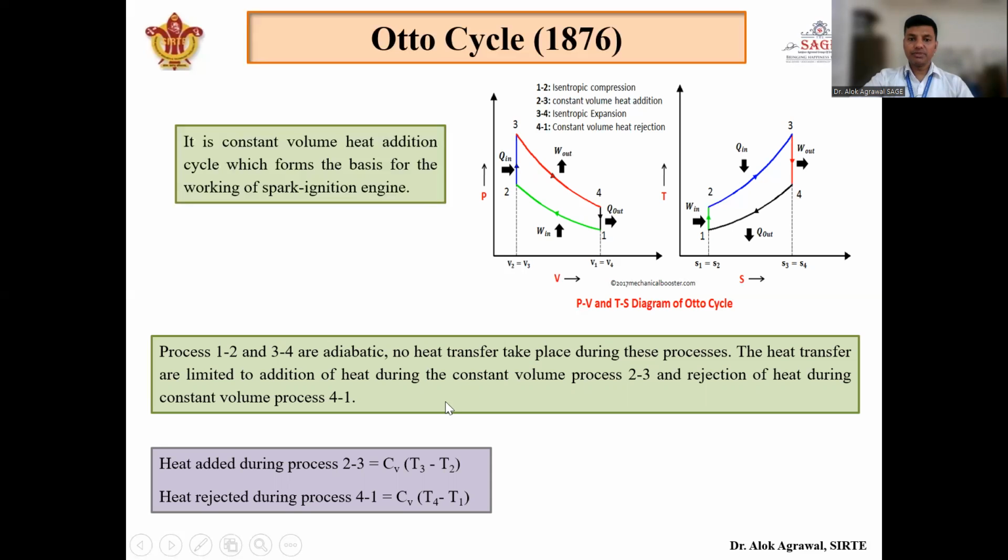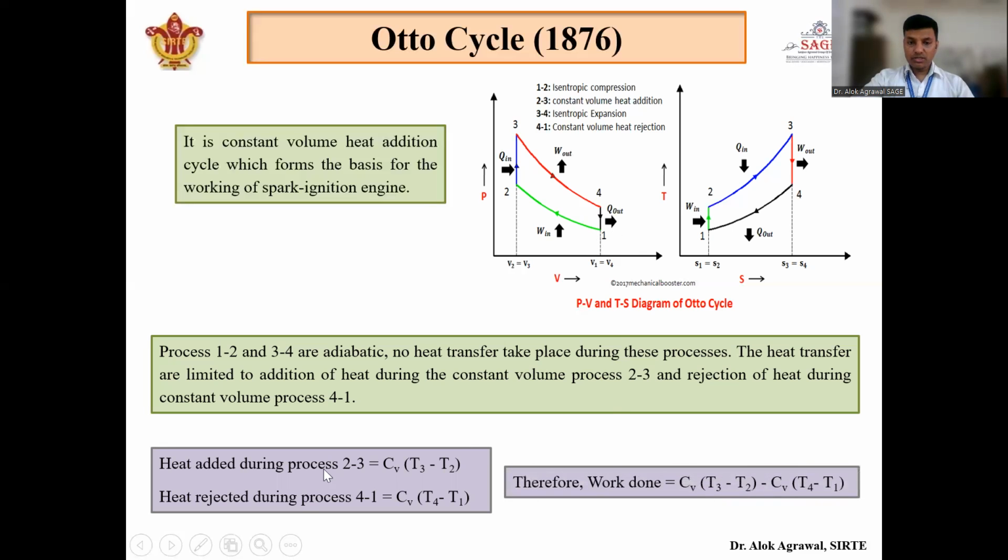So the rise in temperature is T3 minus T2, and we have considered this for a unit mass of working fluid. Similarly, the heat rejected during process 4 to 1 is given by Cv times (T4 minus T1). This is the difference in temperature during the heat rejection: earlier the temperature is T4, and after rejecting the heat, the temperature reaches T1.